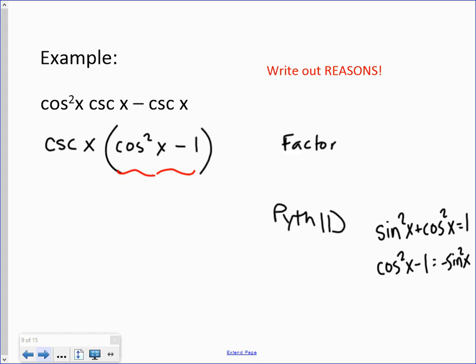So you can replace cosine squared x minus 1 with negative sine squared x. Does that make sense to everybody? Cosecant x, and I'm going to put negative sine squared x in parentheses, just so it doesn't look like minus, right? It's being multiplied by a negative sine squared.